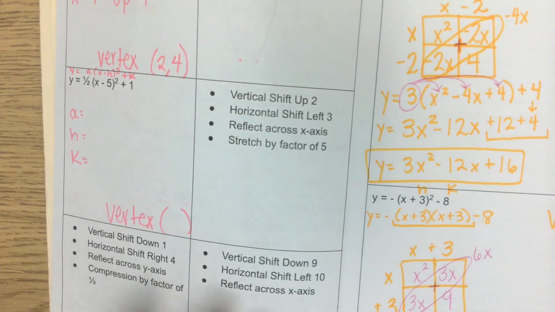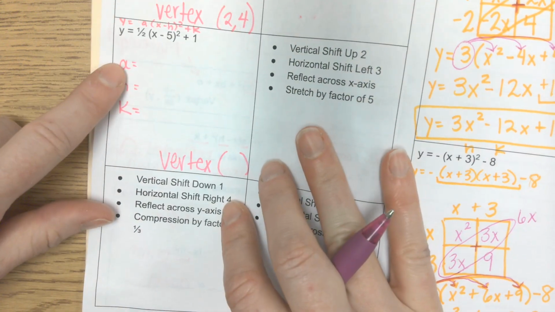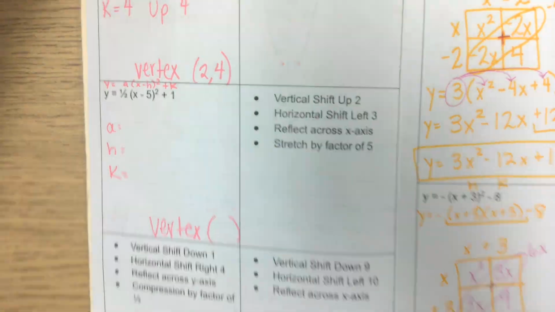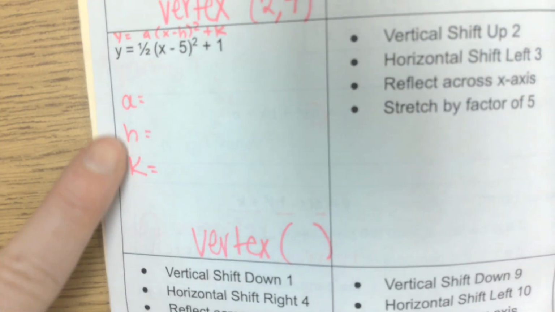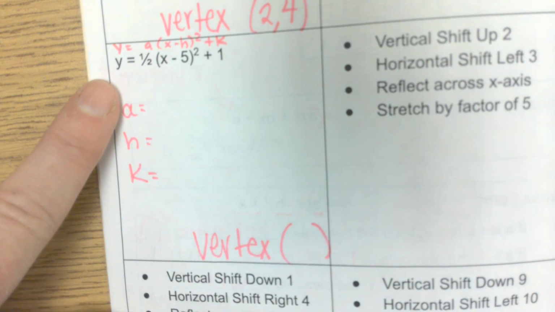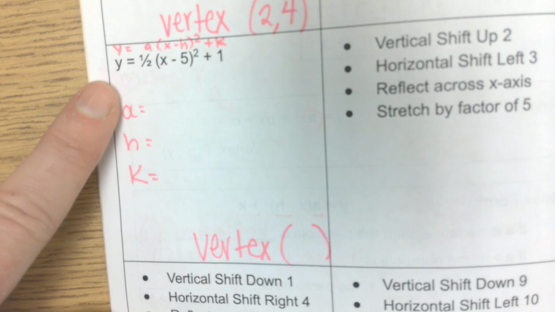Okay, so let's look at this one because we didn't finish this the other day. So we'll start with this one. Y equals 1/2 parentheses x minus 5 squared plus 1. Some of y'all did it, so I want you to check right now and see if you've already done it.